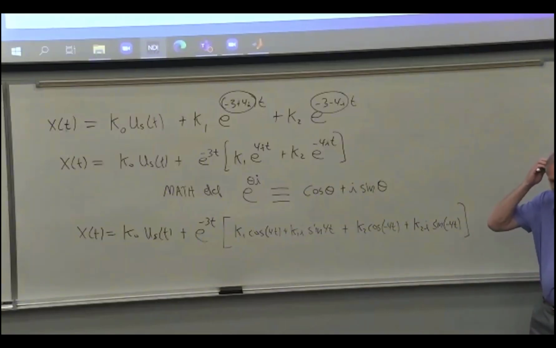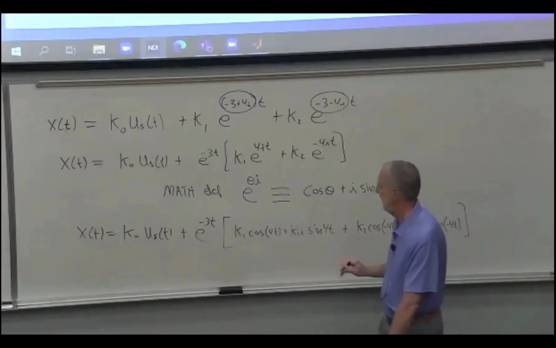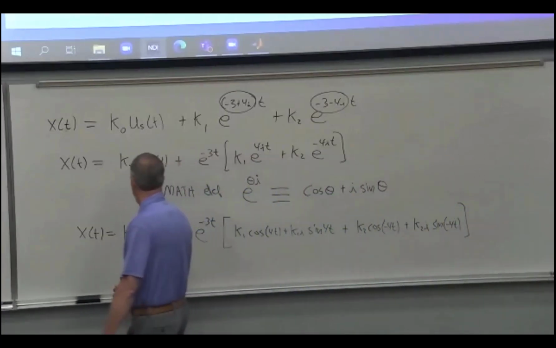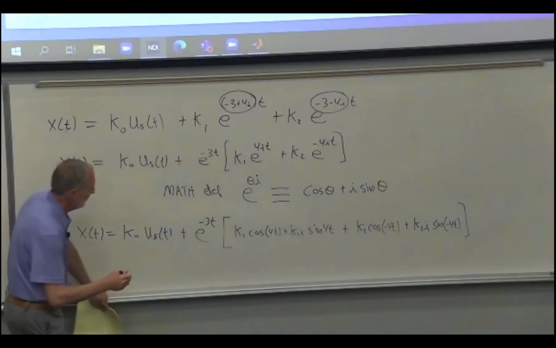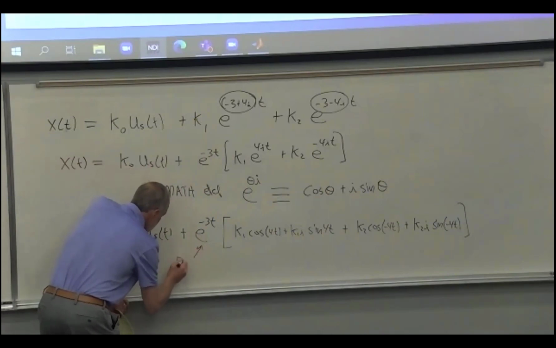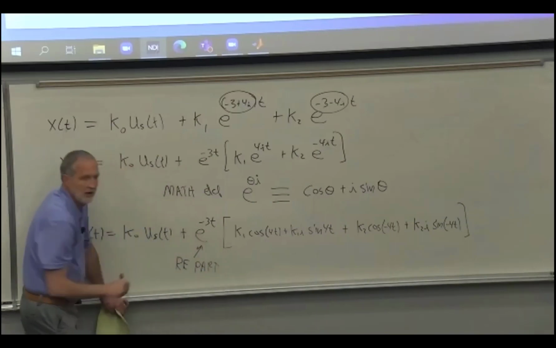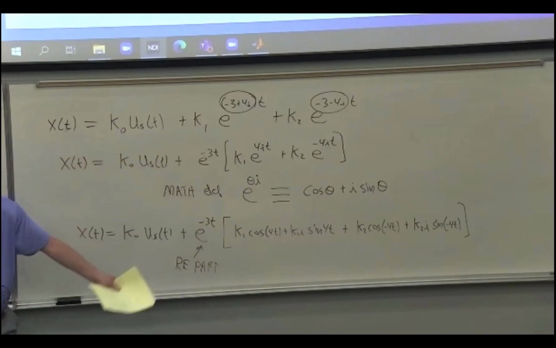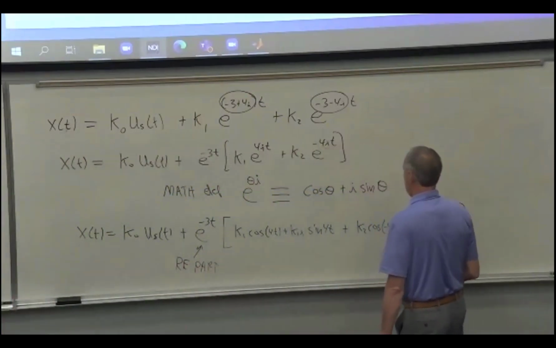It's the same problem. We put the force on at time 0. The mass is going to move to the right. But what does it do? Does it look like it's going to damp out to that steady state position of 1 here? Eventually. And what's driving that is the real part. Right? As t gets large, that's going to go to 0, and it's going to damp out. But how it gets there is different because now we have cosines and sines of 4t.